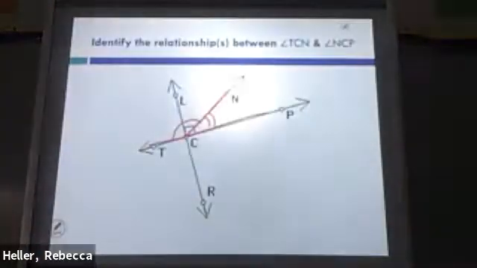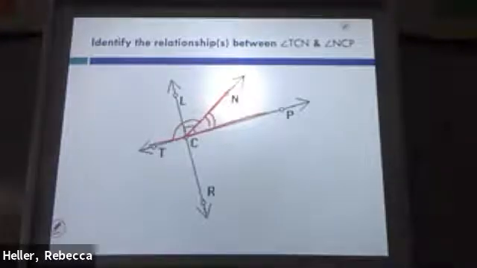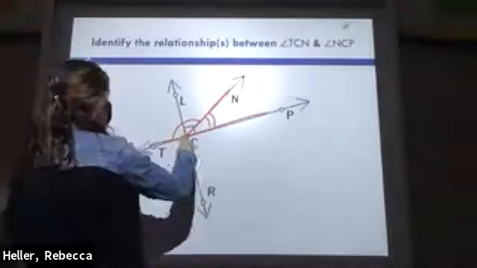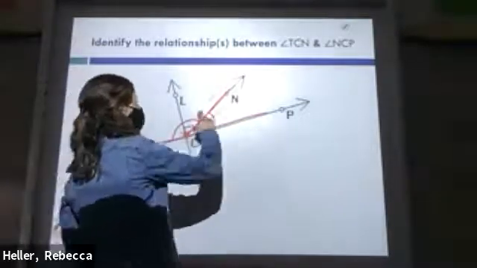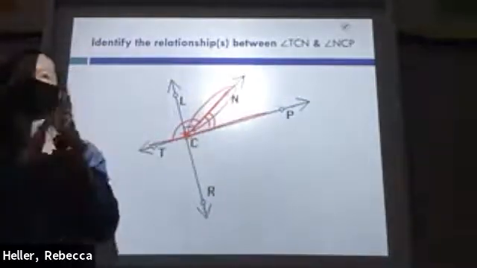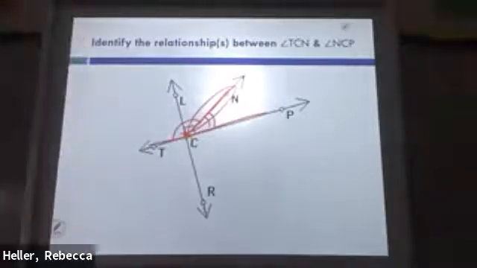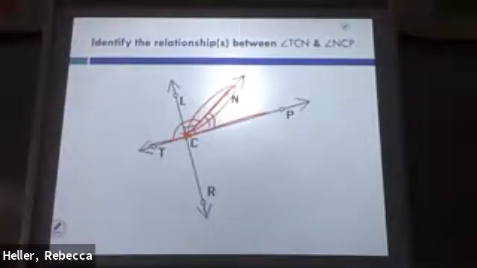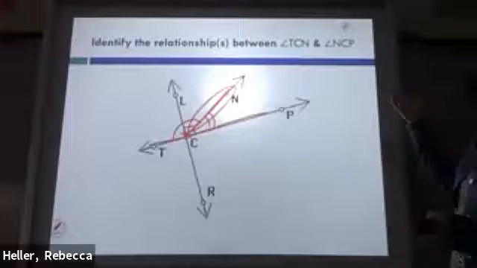Molly? They're adjacent. Remember, that means they're right next to each other. They share a vertex and they share the ray in common in the middle of the two. In order for angles to be adjacent, there has to be two angles. I saw some people trying to write down that angle TCN was vertical and angle NCP was adjacent.